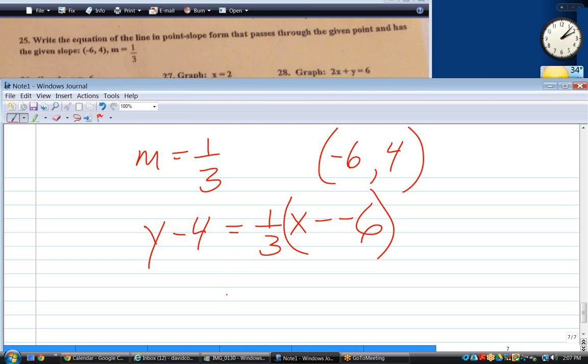Either get rid of the parentheses or get rid of the denominator. In this problem, getting rid of the parentheses makes the most sense, because we're trying to solve for y. If I were to get rid of this denominator, I'd end up with 3y over here. So it doesn't make sense to get rid of this denominator, but it definitely makes sense to get rid of the parentheses.